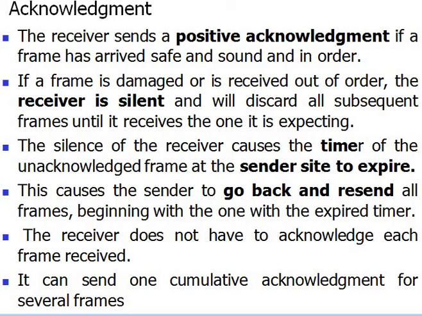But if a frame is damaged or received out of order, the receiver is silent and will discard all the subsequent frames until it receives the one it is expecting. The silence of the receiver causes the timer of the unacknowledged frame at the sender side to expire. This causes the sender to go back and resend all frames beginning with the one with the expired timer. The receiver does not have to acknowledge each frame received. It can send one cumulative acknowledgement for several frames.